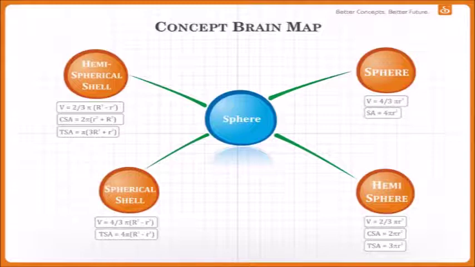Now the total surface area will be curved surface area plus the area of the base, that is 2 pi in the bracket r square plus R square plus pi into capital R square minus small r square. We simplify this to get pi into 3R square plus r square.